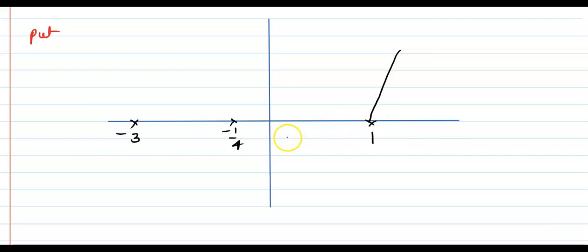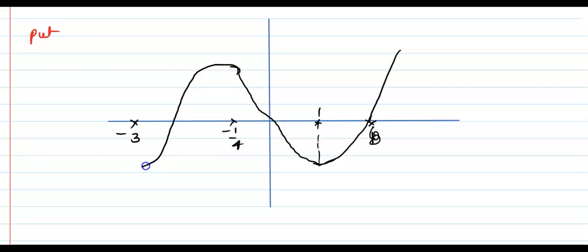So it is going and it is going to hit here, like this, at 1 and minus 3. Sorry, 1 should be here. This is 1 and minus 3. It is not going through 0, and then it is coming like this, and this will be the minus 3 value.